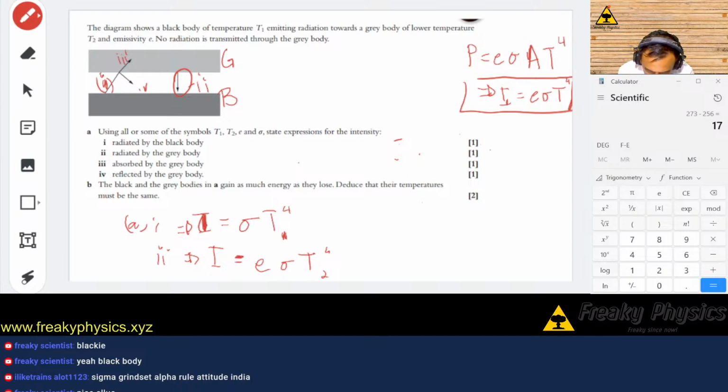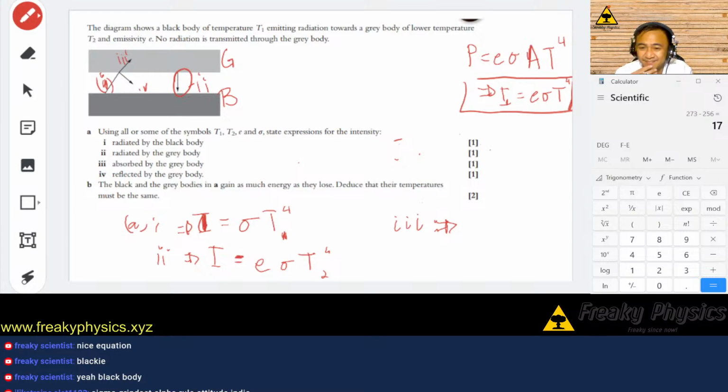Okay. How about part 3? The equation for part 3. If it's absorbed by the gray body, then is it the albedo? No, emissivity. It is supposed to be the albedo.